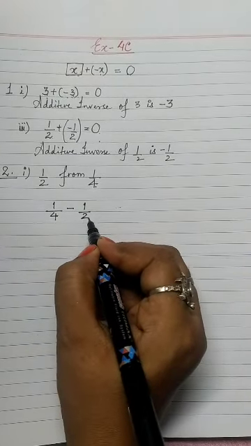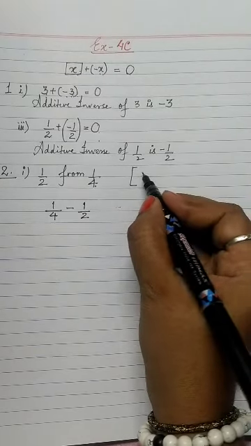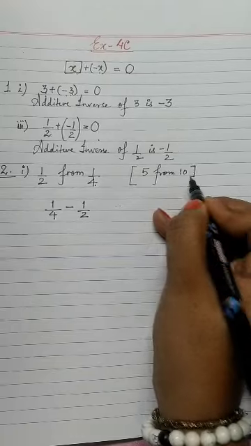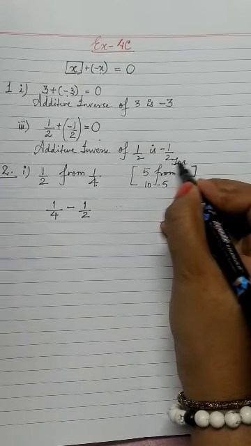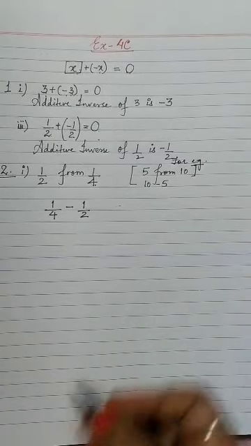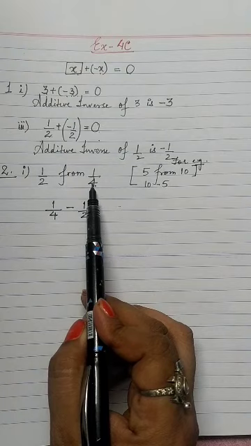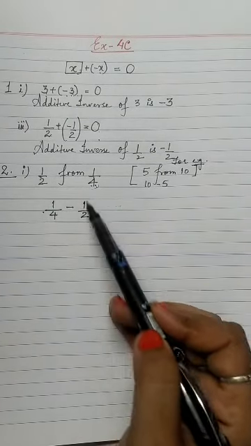This is what the question means. In a simple form, if I say subtract 5 from 10, 5 from 10 means 10 minus 5. This is the simple mistake that you all make when you are subtracting. So, 1 by 2 from 1 by 4 means the second number will come first, then minus the first number.